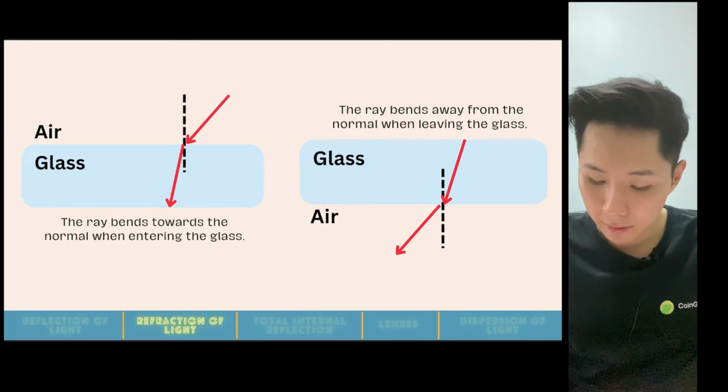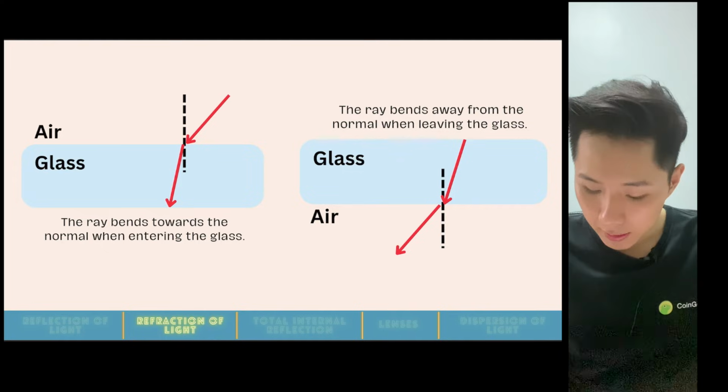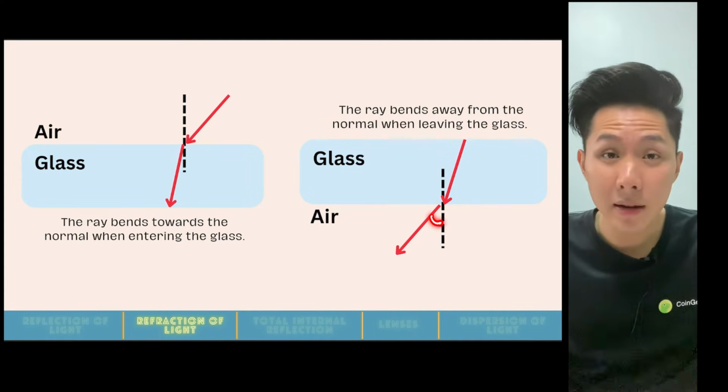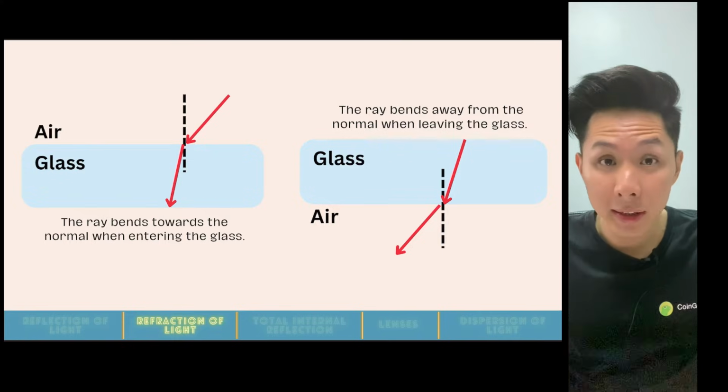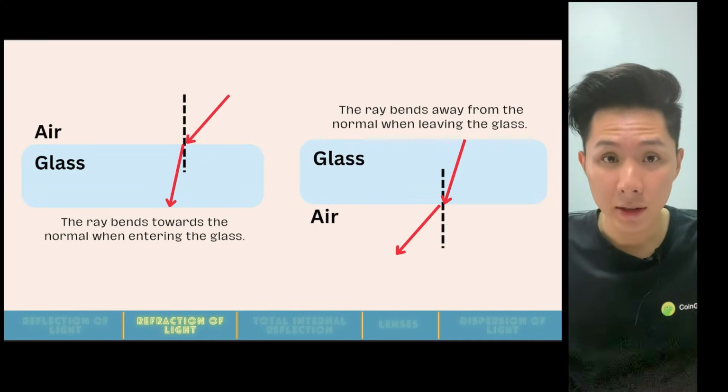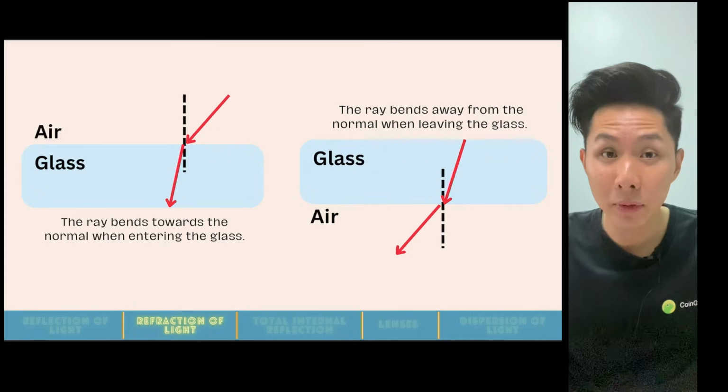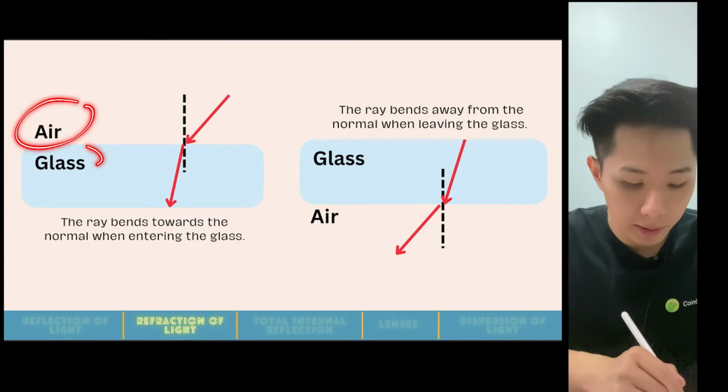Whereas if the light travels from glass to air, the ray bends away from the normal, meaning the angle of refraction is bigger than the angle of incidence. It doesn't only apply to air and glass. Just know that refraction occurs when light travels from one medium to another. Therefore, it could really be anything.